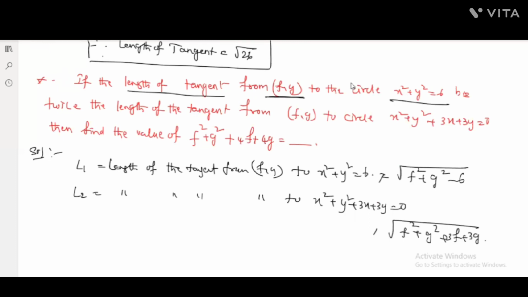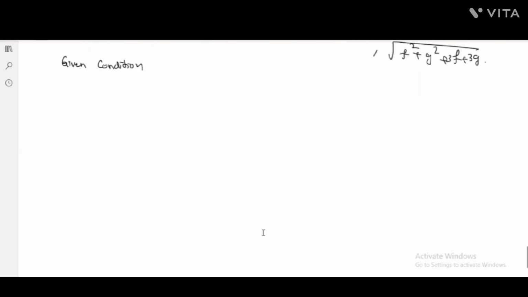So what is the condition they have given? The condition is L1 is twice L2. So what is the L1 we have here?